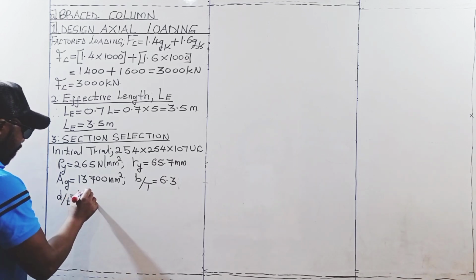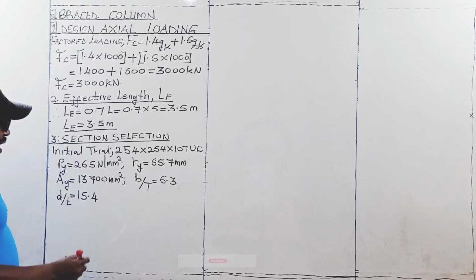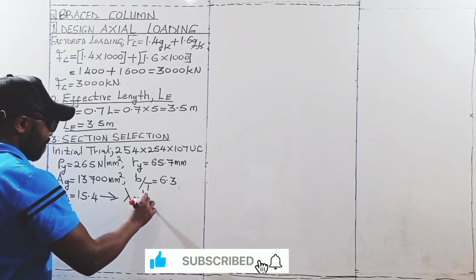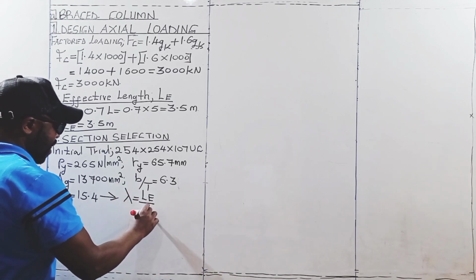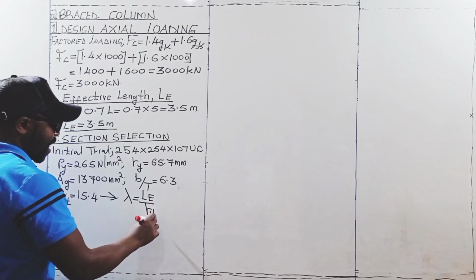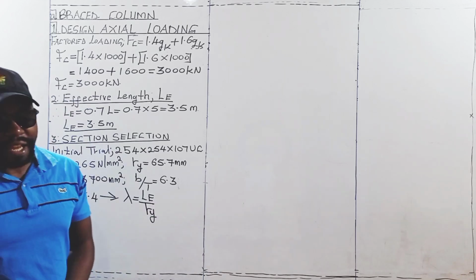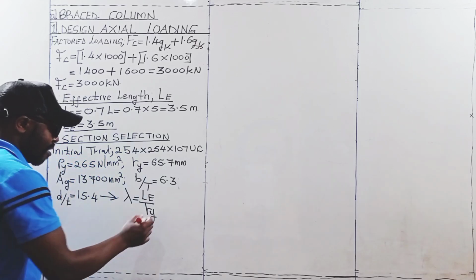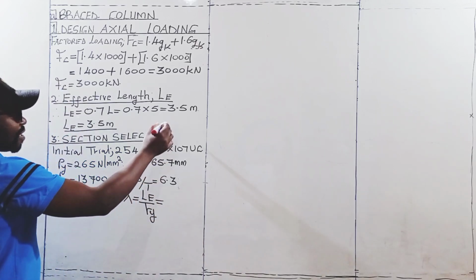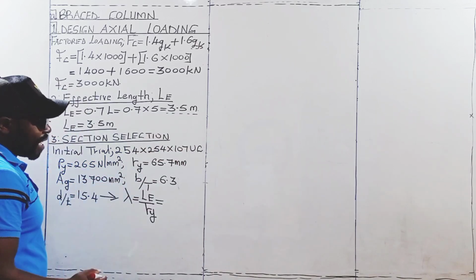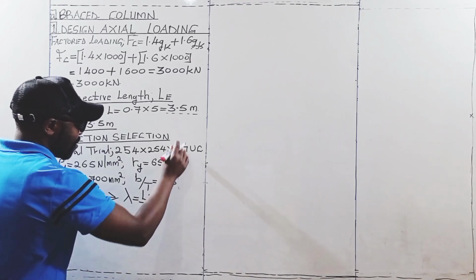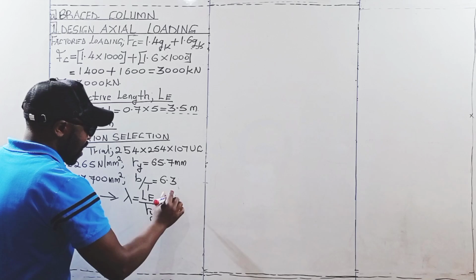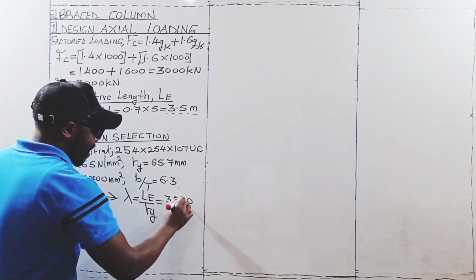Therefore the slenderness ratio will be given by effective length divided by the radius of gyration about the y axis. In this case, we have the effective length, which is 3.5 meters. Convert to millimeters, multiply this by 1,000, which is going to give us 3,500 millimeters.